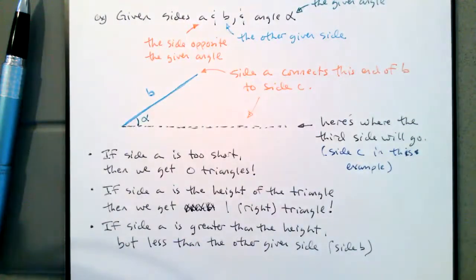In this case, side B is the other given side. If side A is greater than the height, but less than side B, then we get two triangles.